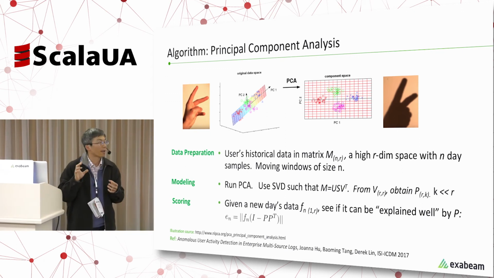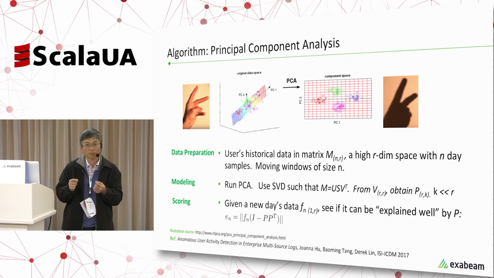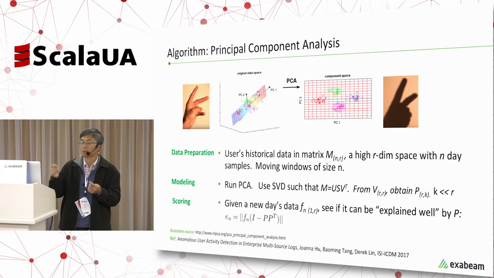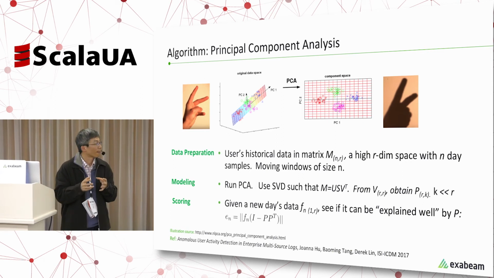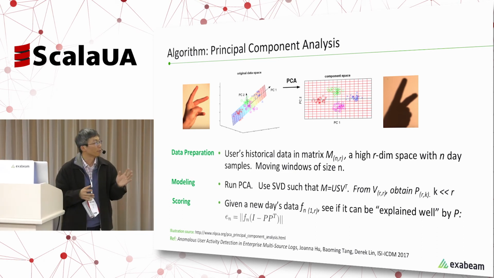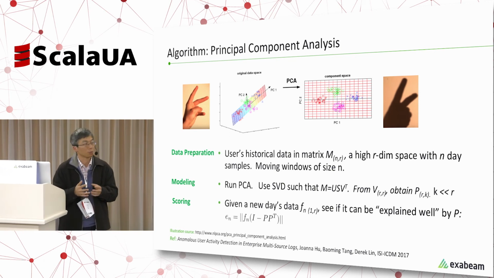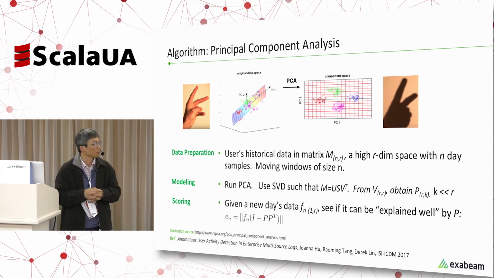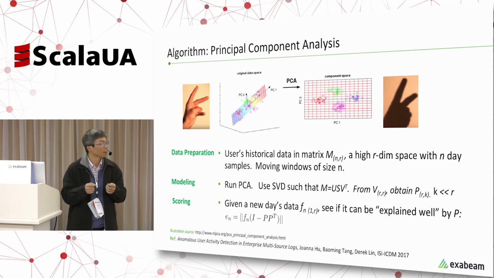Once I have that lower dimensional matrix P, I can use it to test if my current data's behavior can be explained by this model I just computed. As we say here on the screen, given a new base of data f of n, I want to see if it can be explained by P, which is derived from the SVD or PCA, by this formulation that is what we call the reconstruction error.